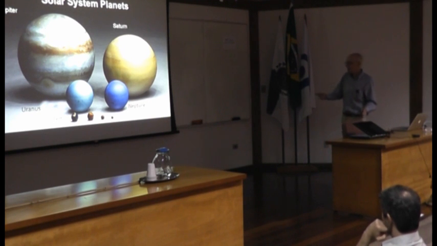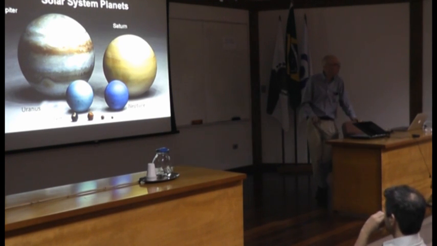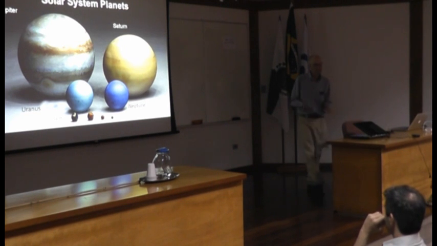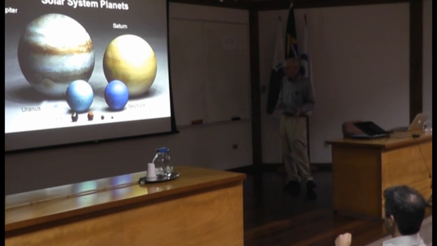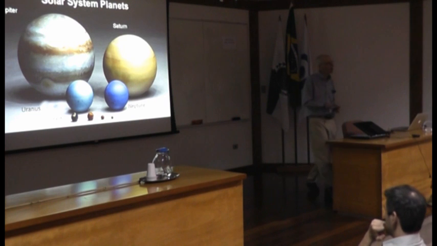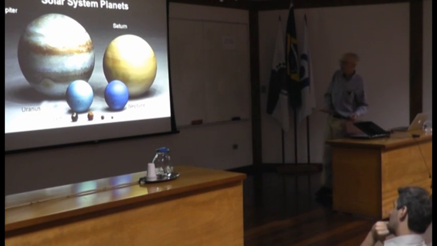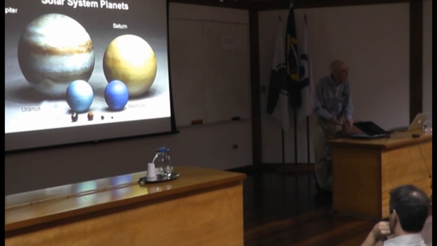And I like this pseudo 3D image because it really shows just how much bigger Jupiter and Saturn are than the terrestrial planets. And it also shows that really there are not just 2 types of planets, there are 3.